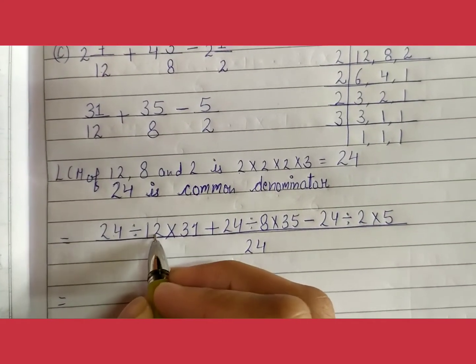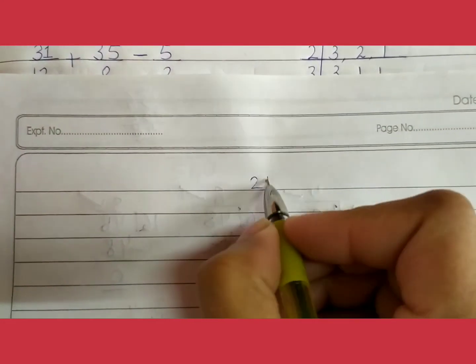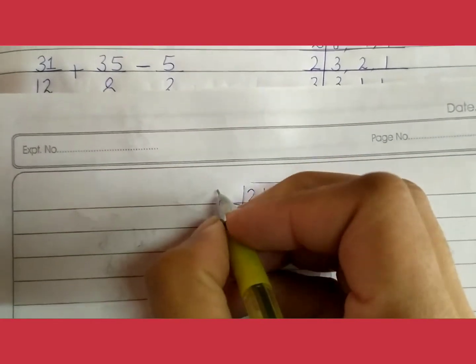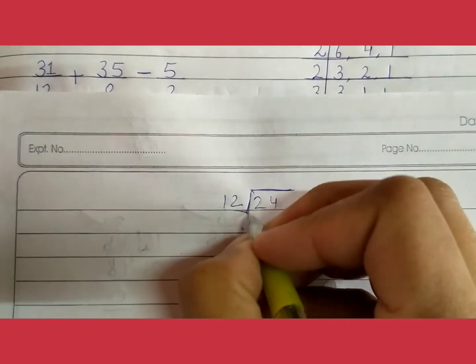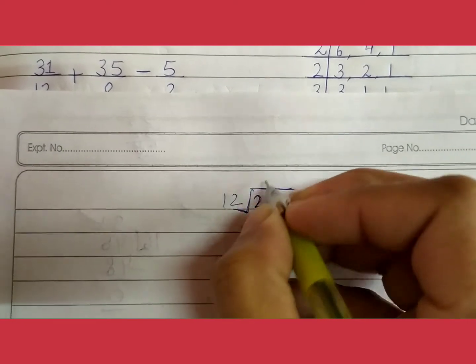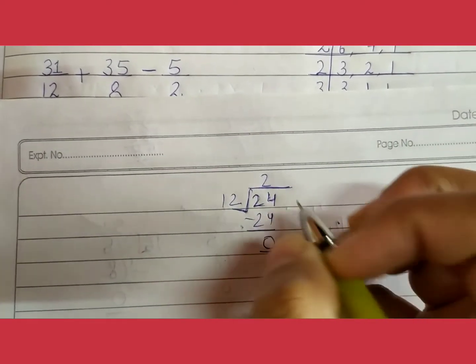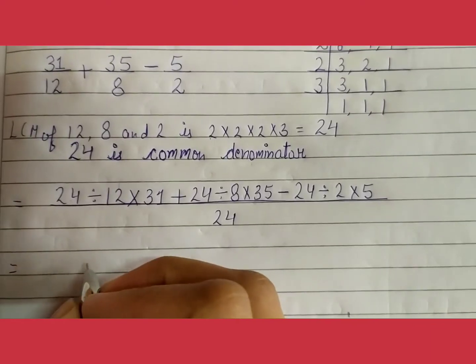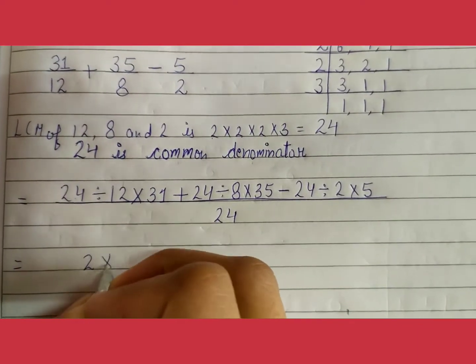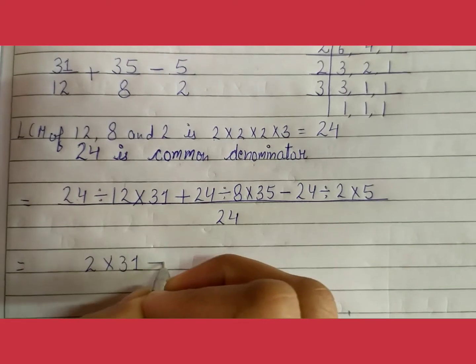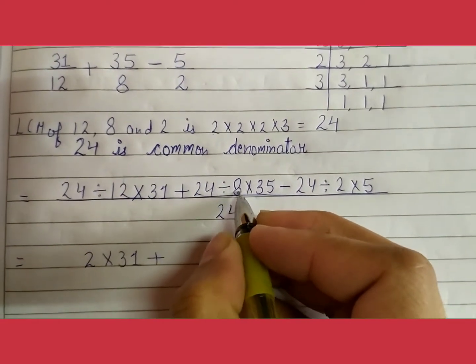24 divided by 12. 12 twos are 24. 24 minus 24 equal to 0. Your answer is 2. Write 2 multiply 31 plus 24 divided by 8.